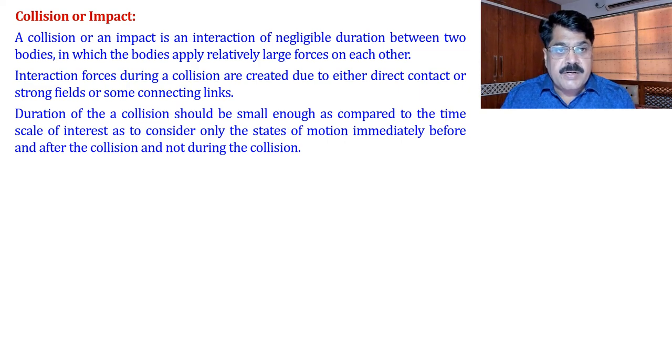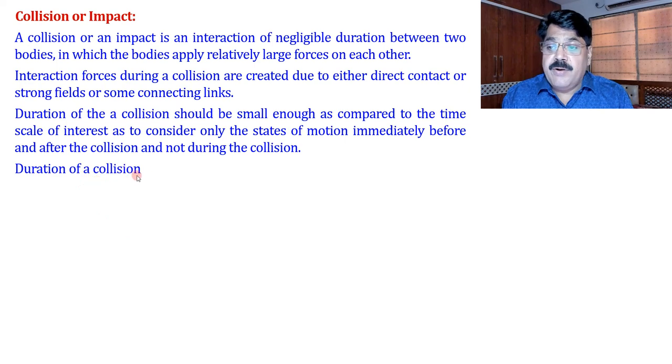The time during which the interaction between the bodies exists is called the duration of impact or duration of collision. But before the collision, the time taken by the bodies to cover any observable distance should be much larger than the duration of impact. In this way, the duration of impact is neglected in all kinds of collision.